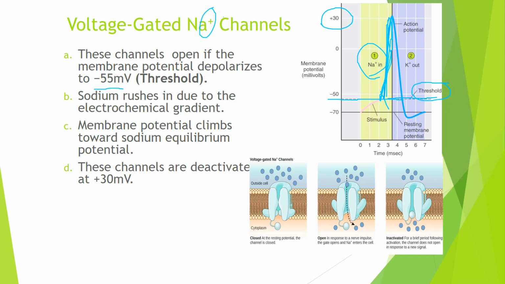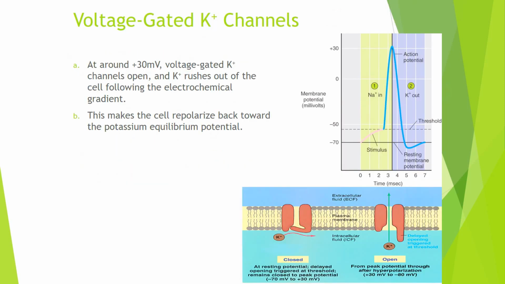Okay? And so now let's see what happens next once we have those channels closed for sodium. Here we ended the last slide at positive 30 millivolts. Sodium had come in because we hit our threshold at -55 as compared to rest, which was at -70. Then voltage-gated potassium channels are going to open at this point. I'm going to change color so green now represents potassium.